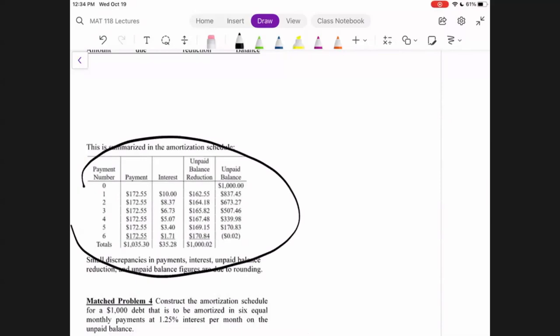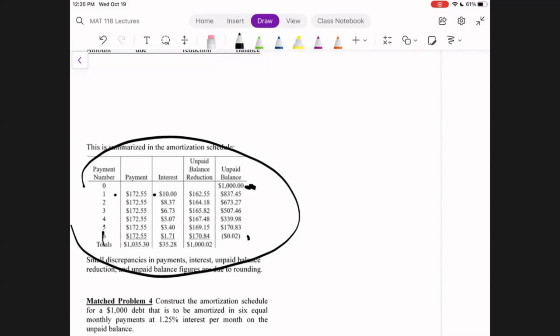Okay. Let's say you have $1,000 at the beginning and you want to pay it off in 6 payments. So that calculates your payment should be 172, and then some of it is interest as well, right? So how do we get this interest, right? So typically the interest is off of the unpaid balance.